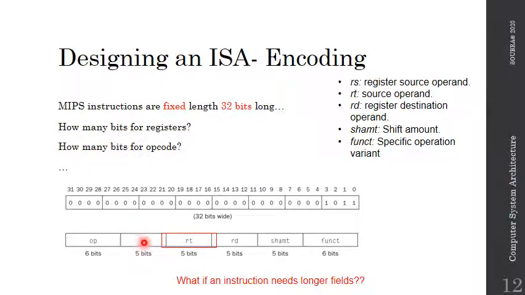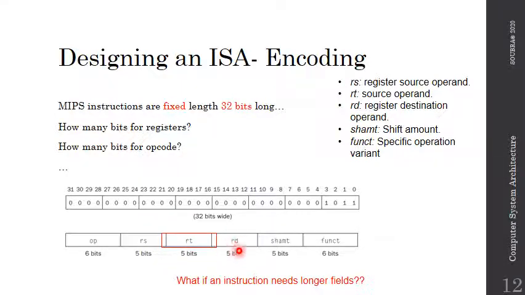So apparently we have 5 bits for the source register, RS, and another 5 bits to specify the other source register, exclusively for R-type instructions. And what would the RD be then?